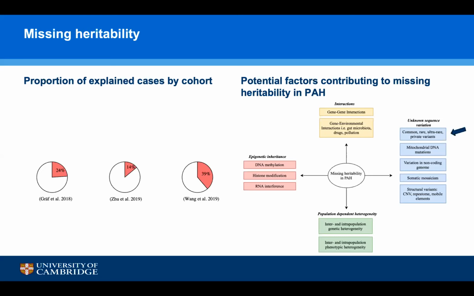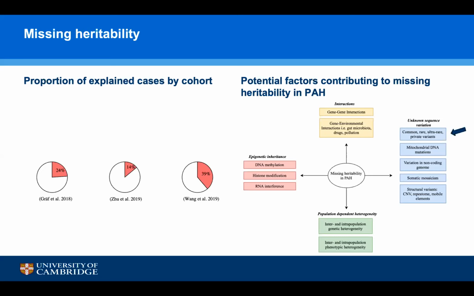In Zhu et al., published a year later, on a similar cohort from the States, 14% of cases have been explained, but the composition of the cohort was different. These patients were an unselected group 1. And the largest proportion of explained cases was shown in this Chinese cohort, whose characteristics were very different from those of European cohorts. 39% were explained.